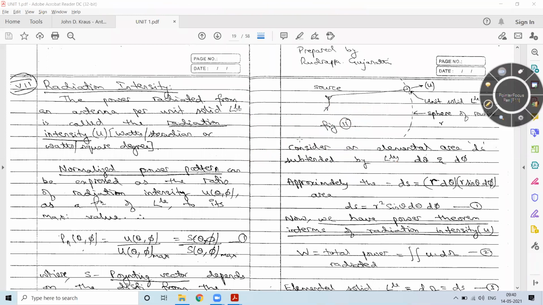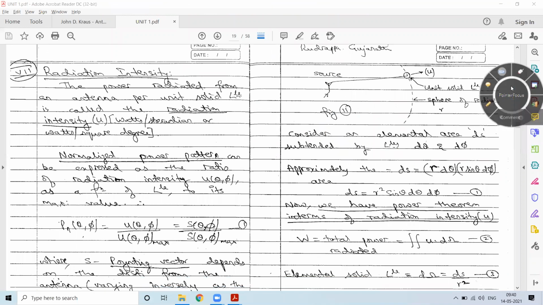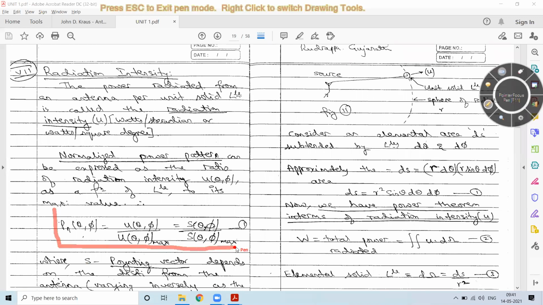Now, if I know the radiation pattern, then I can obtain the normalized power pattern, which is given by this equation. If I know either the radiation intensity or the power density, I'll be able to obtain the normalized power pattern, which is given by U divided by U max, where U is the radiation intensity, or S divided by S max, where S is the power density.